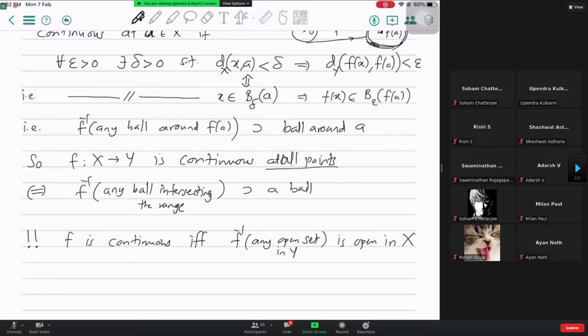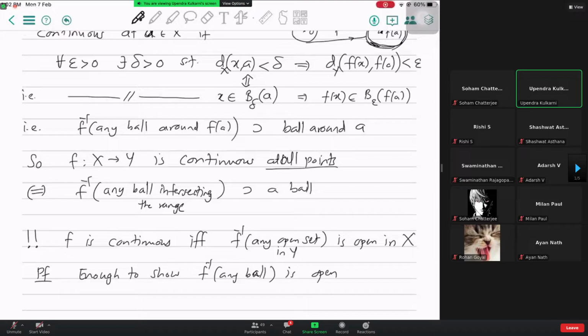By the way, the proof of this. Have you already proved this? You have not quite proved it, you see. So it's enough to show that F inverse of any ball is open.